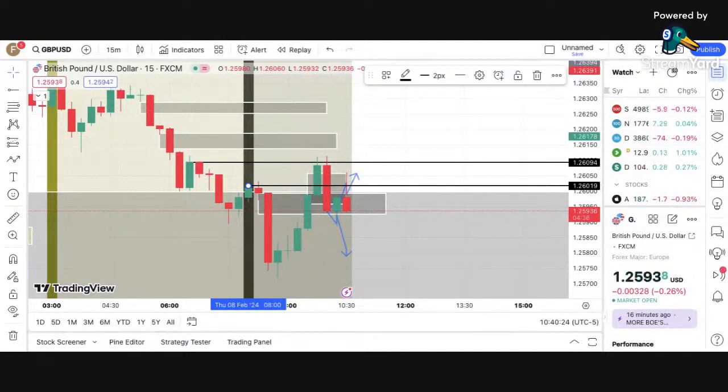You can see it's probably looking like it's about to break through. It's been playing around with this gap for a minute. You can see it broke through the upside, but it came right back in with an engulfing candle.